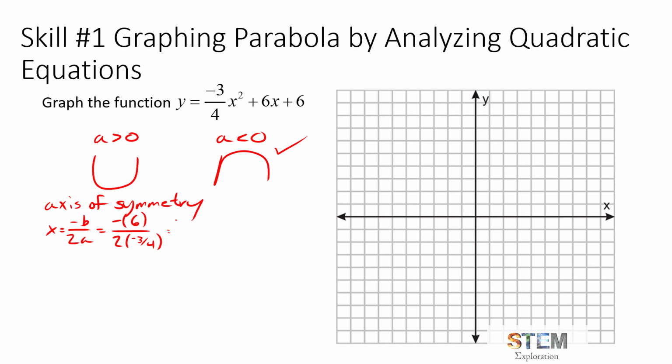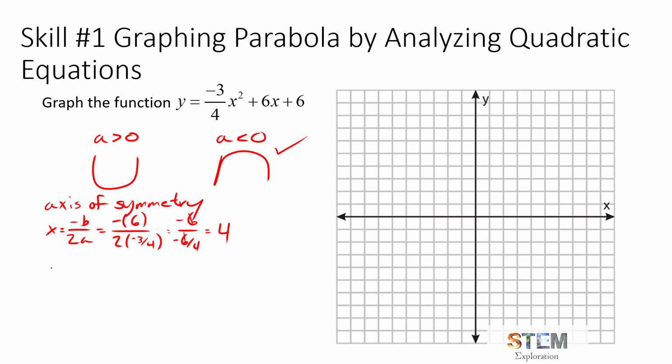So we do a little math. We see that we have -6 all over -6 over 4. The 6's would cancel. The denominator becomes a numerator. And we have the axis of symmetry at x is equal to 4.